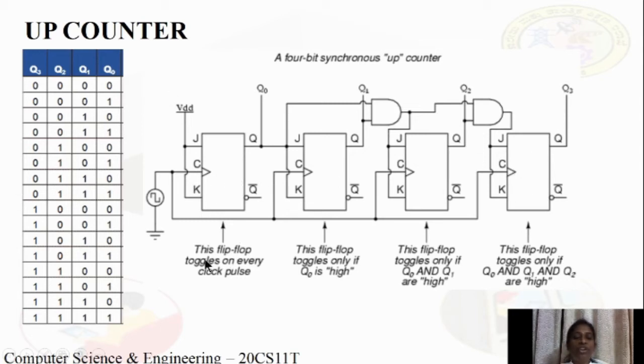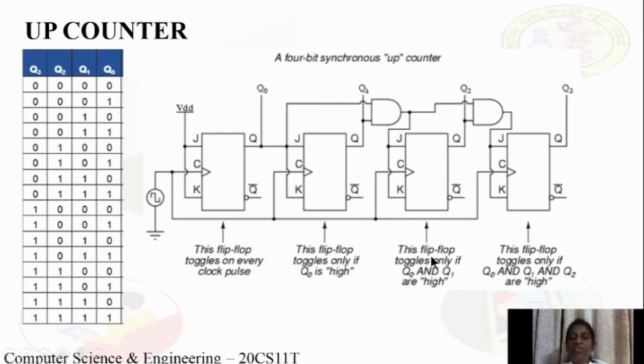This flip-flop does not require any AND gate because already it is connected to the high supply. This flip-flop toggles on every clock pulse. Then this flip-flop toggles only if Q0 is high according to this. ಯಾವಾಗ Q0 value high ಇರುತ್ತೋ ಅವಾಗಷ್ಟೇ toggle ಆಗುತ್ತೆ.